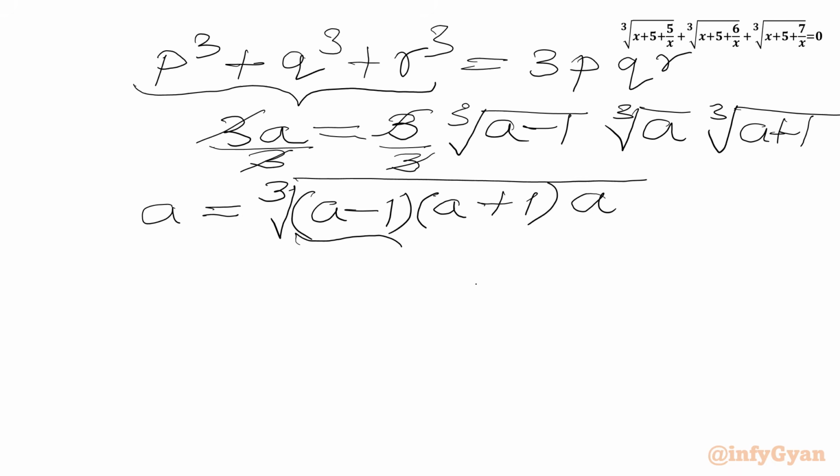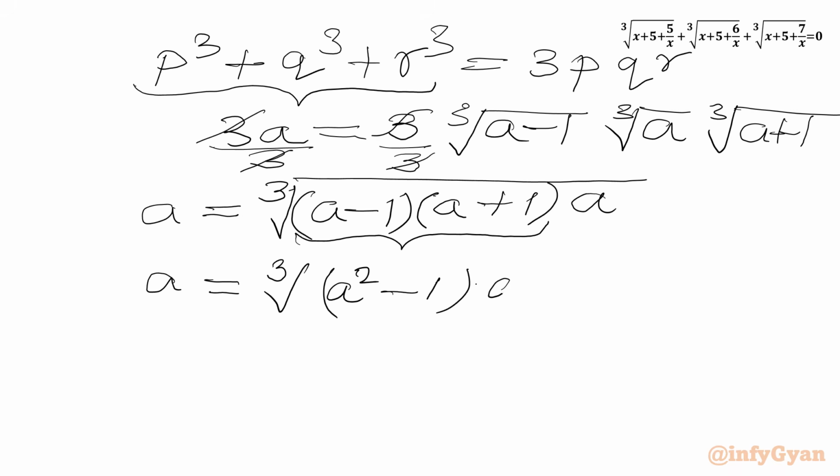Now a minus 1 times a plus 1, here we can use difference of two squares formula. So a will be equal to cube root of a square minus 1 times a. Now we have cube root in right hand side, so we'll be cubing both sides to cancel cube root from RHS.